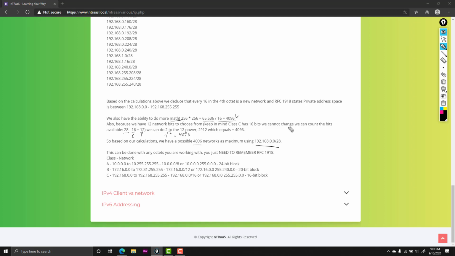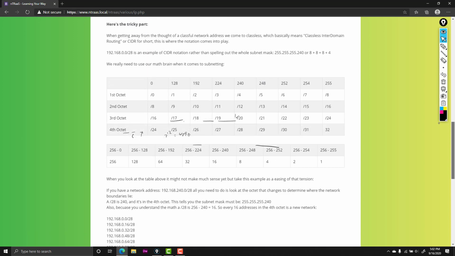Keep in mind, this can be done with any of the octets you are working with, but you need to remember RFC 1918: 10.0.0.0 through 10.255.255.255, 172.16.0.0 to 172.31.255.255, and 192.168.0.0 through 192.168.255.255.